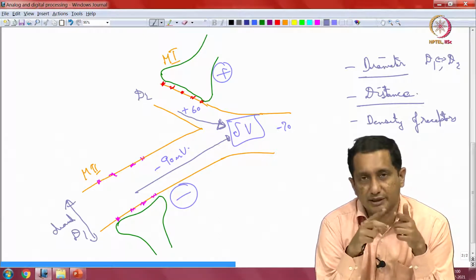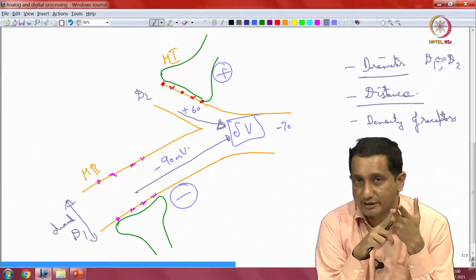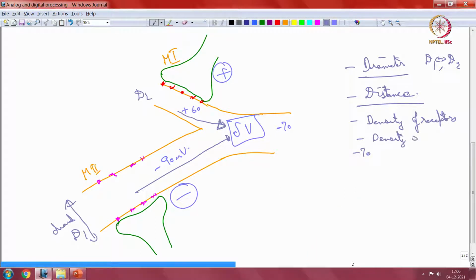Facilitation can happen by increasing the density of receptors, by increasing the density of channels. That is the other method. You can change this density of receptors and density of channels in various ways. You have multiple stimulations happening over a period of time, there is an increase in the density of receptors, and that in turn would cause an increase in the density of channels.